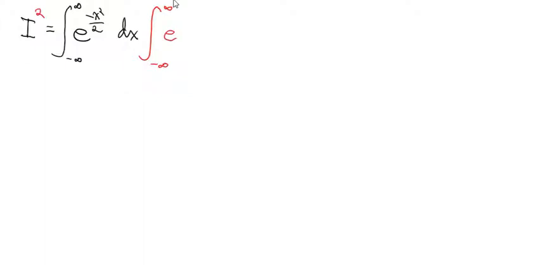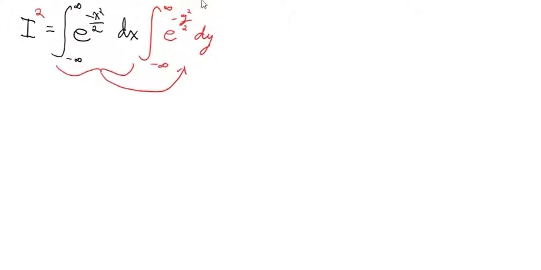So e to the power of minus y squared over 2, e to the power of minus y squared over 2 dy. And now let's take this first integral here and move it inside the second one.